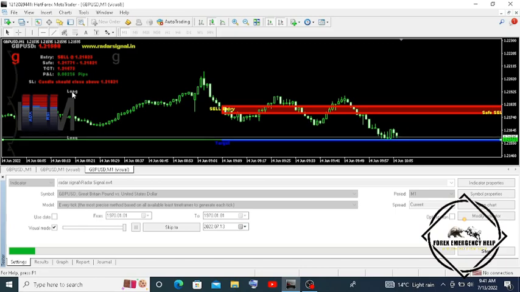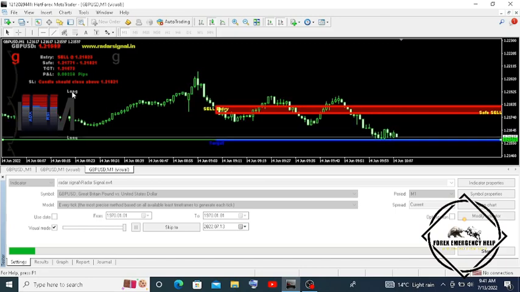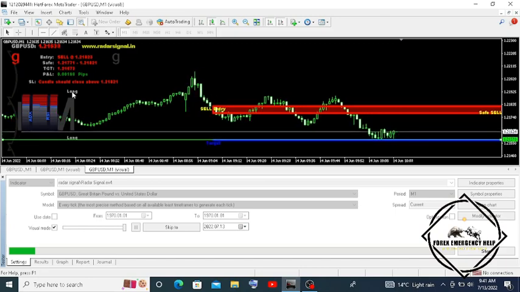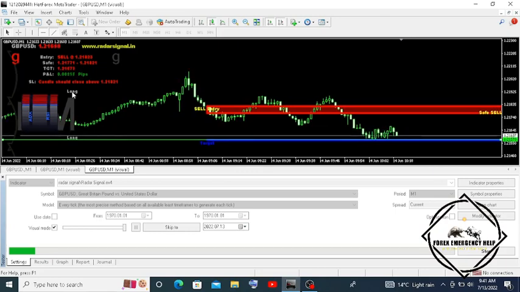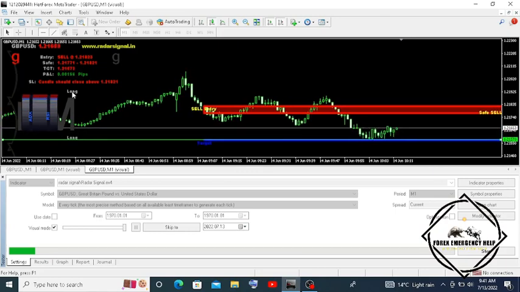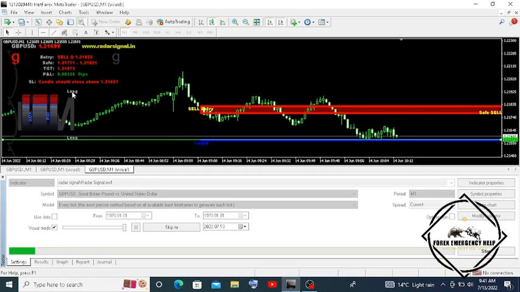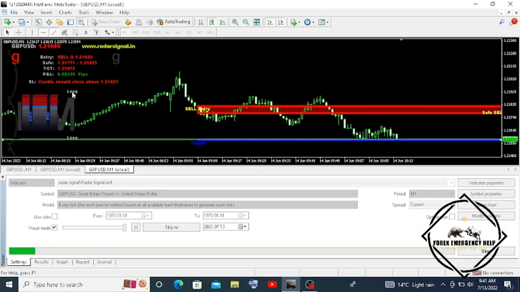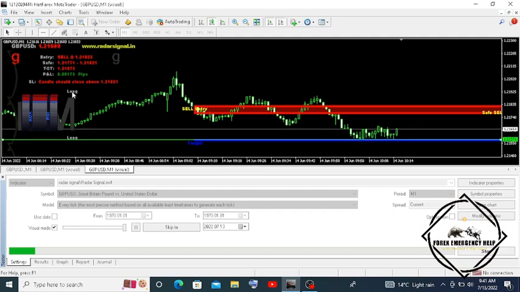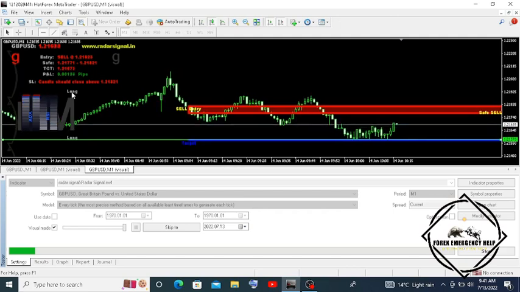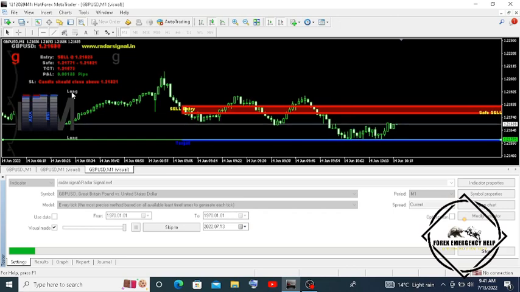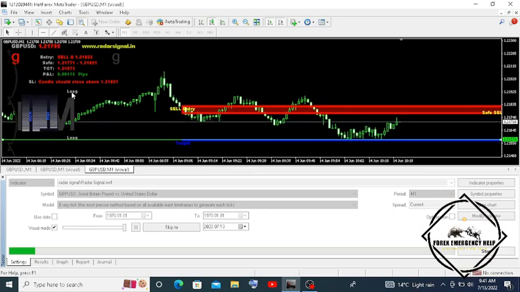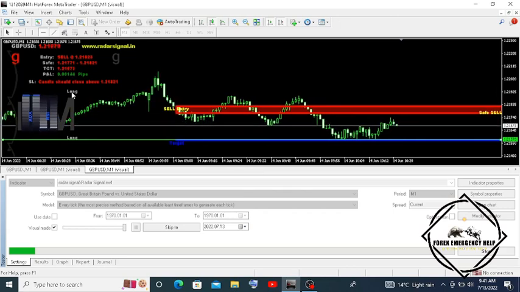The key is not to be greedy. The key is to have a proper money management strategy, with a good risk to reward ratio. If you have a proper money management strategy, I'm telling you, you will profit in the market, because little profits are better than a huge loss.